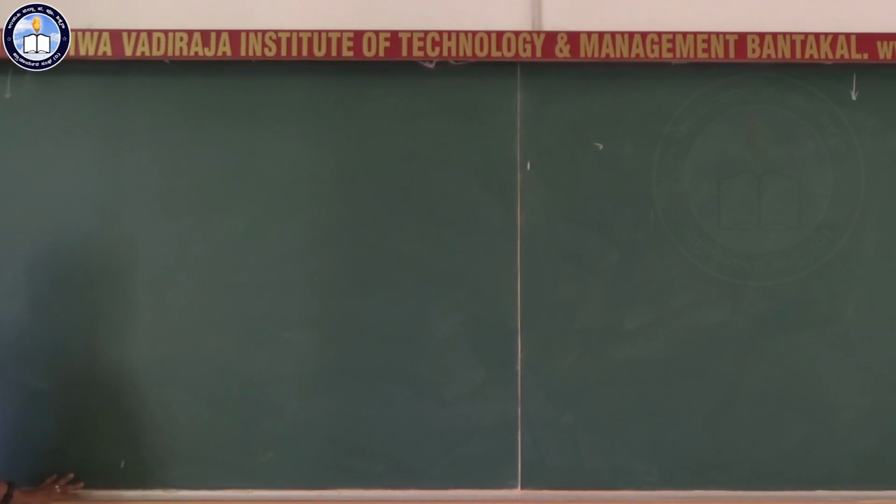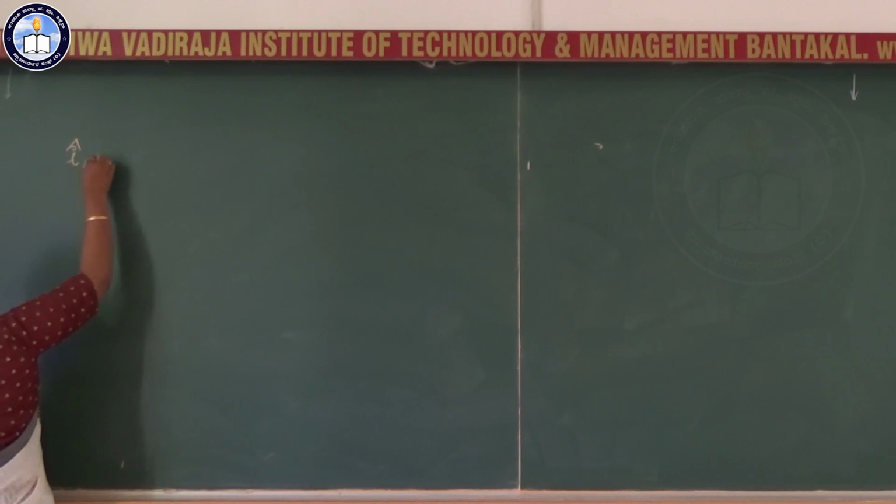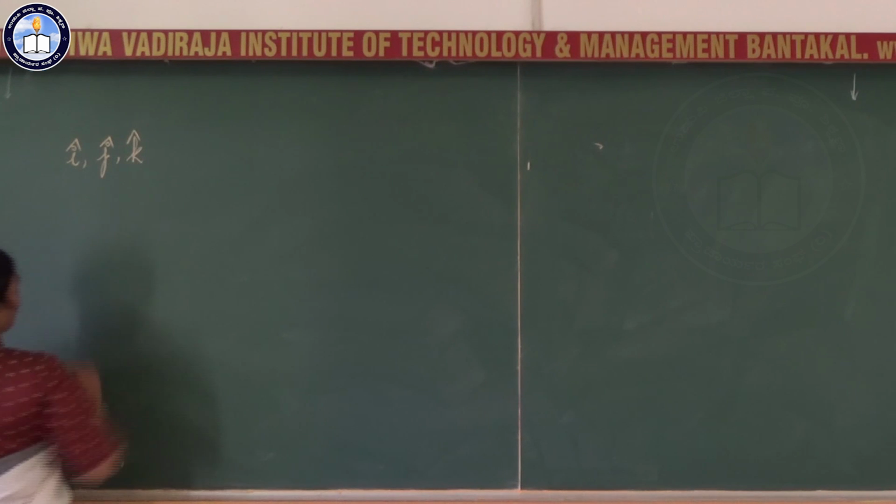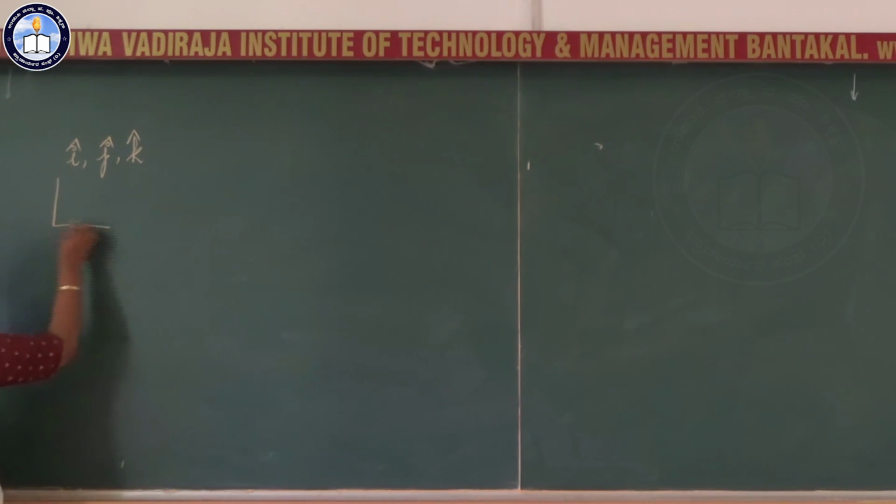Okay. We will see what happens to a cross product in terms of unit vectors. Now, you have orthogonal triads or orthogonal unit vectors, that is i cap, j cap and k cap. You know, i cap is the unit vector along x axis, j cap is the unit vector along y axis, k cap is the unit vector along z axis.